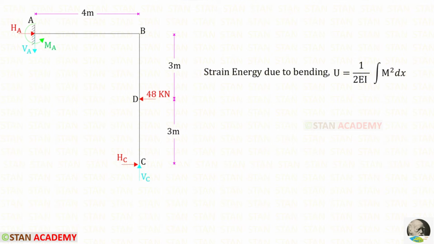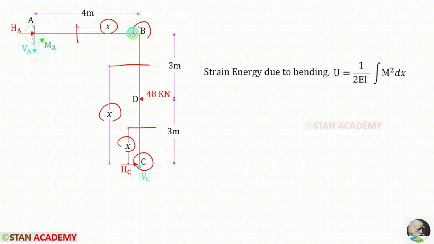There are three different parts, AB, BD, and DC. So we have to make three sections, one in AB, one in BD, and one in DC. You can see that I have made three sections. These two sections at a distance of x from C, and this section at a distance of x from B.